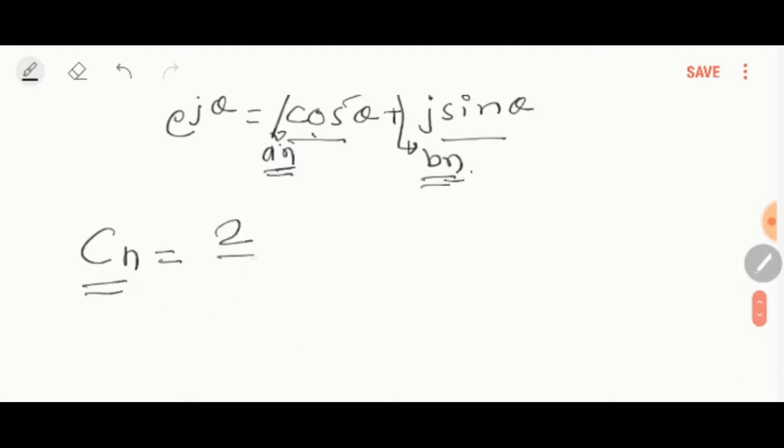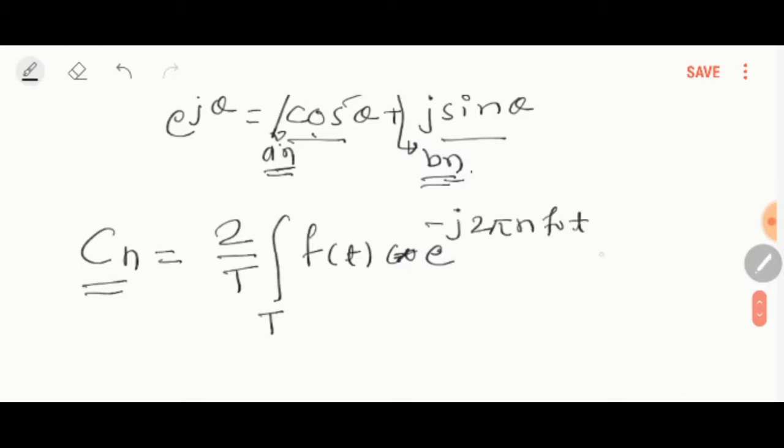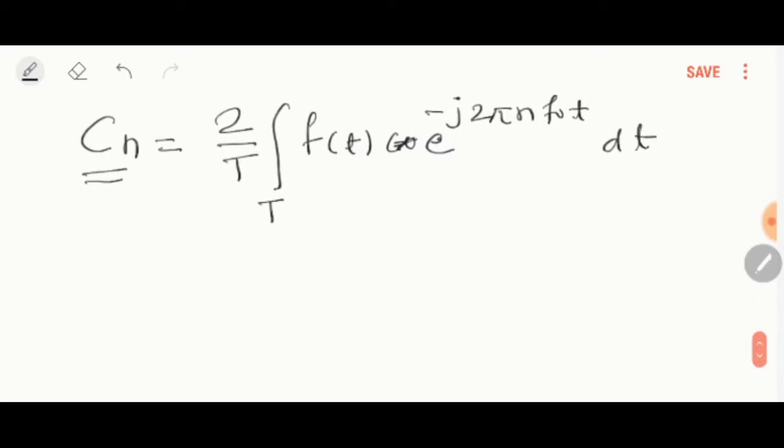So let us define cn as 2 over T integration over T f(t) exponential of minus j 2 pi n f naught t dt.